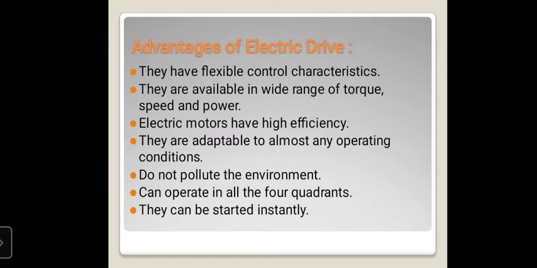So we can say that the availability of speed is a wide range, and also the motor has speed variation. Like if you use a universal motor, then the speed of that motor may be 5000, 6000, and it can be easily controlled between 0 to 6000 rpm.